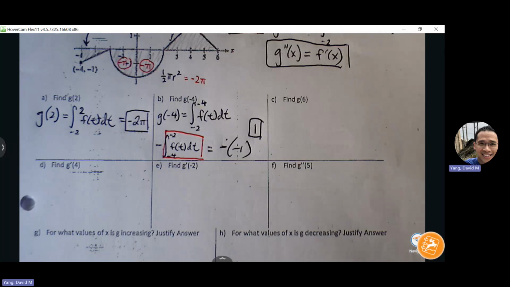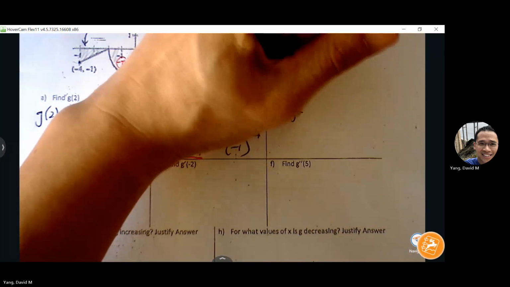Okay, G of 6. Follow what the rule says from -2 to 6.